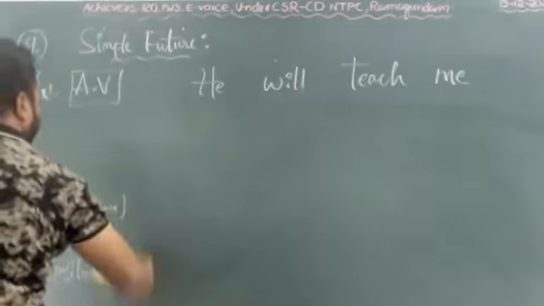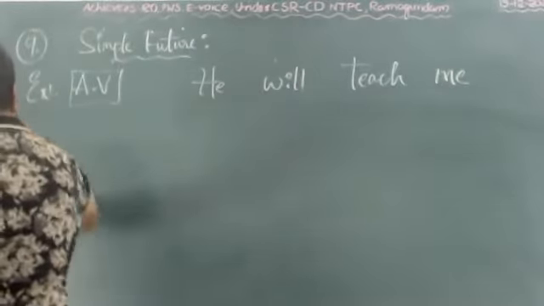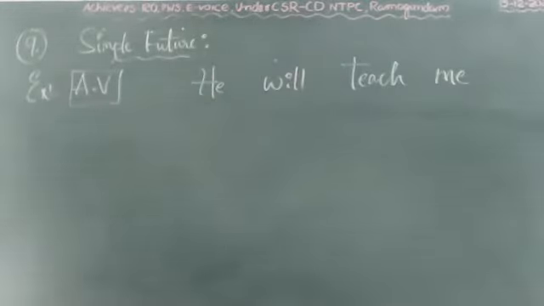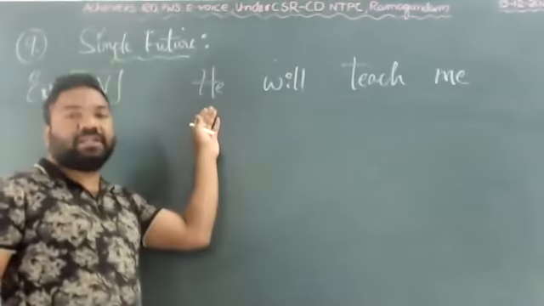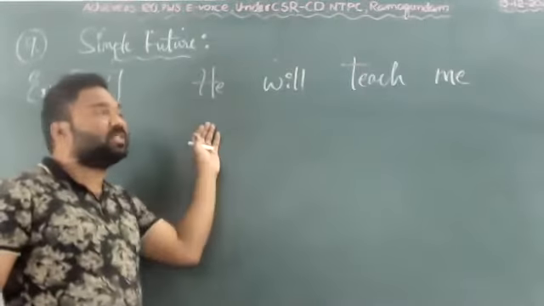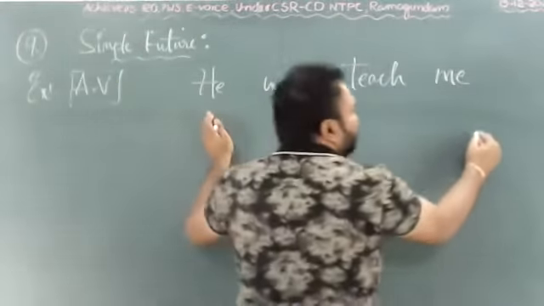I'm going to rub out these rules and all. First thing, the rule is the same as in continuous: subject to object, object to subject. He.